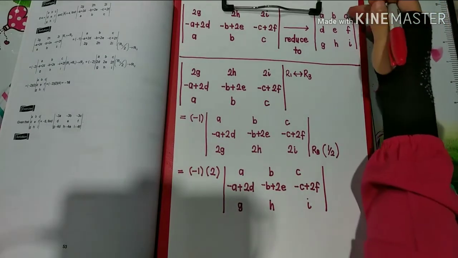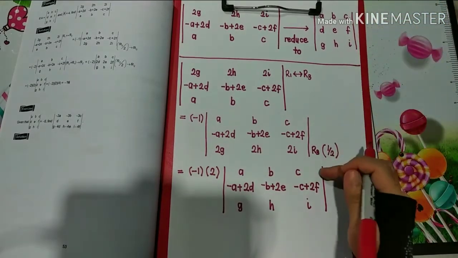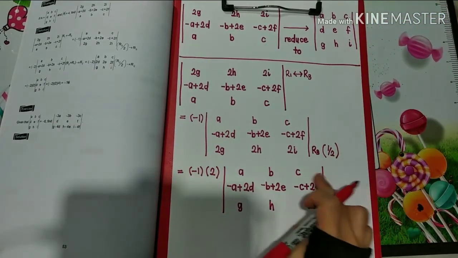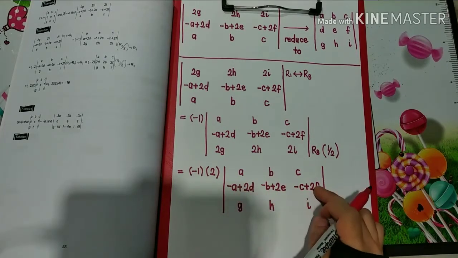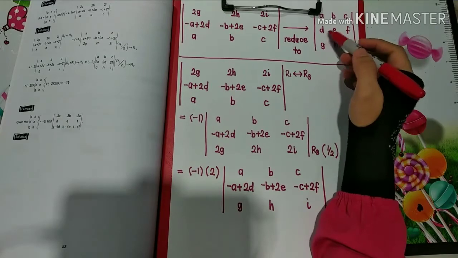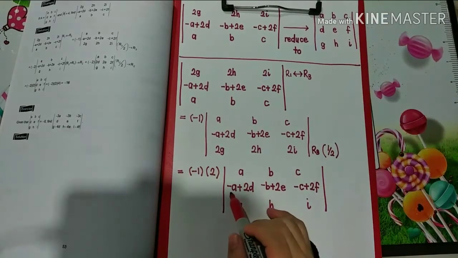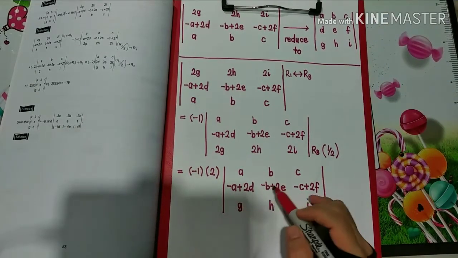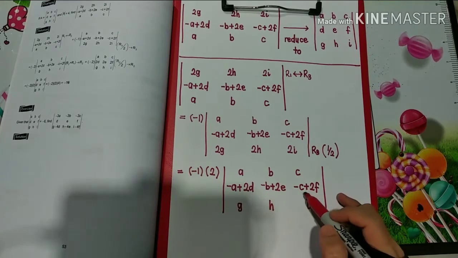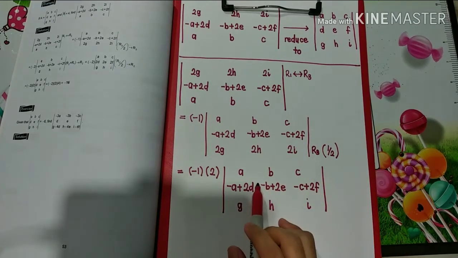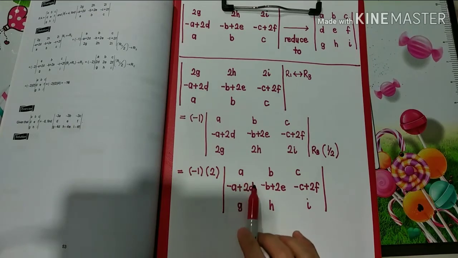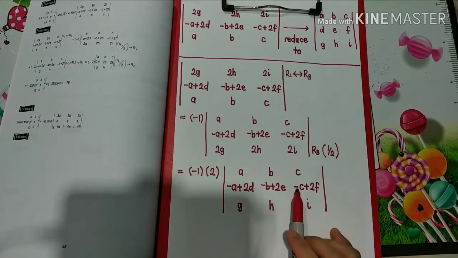So now you have the first row and third row settled. Now we try to settle the second row. Supposedly the second row should only be D, E, F. But here you have -A plus 2D, -B plus 2E, -C plus 2F. So first you try to cancel out the -A, -B, and also -C.